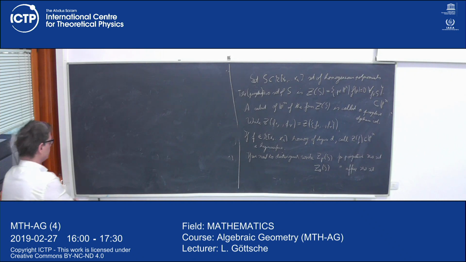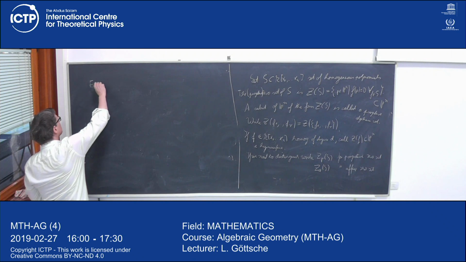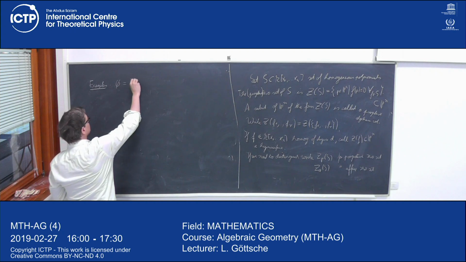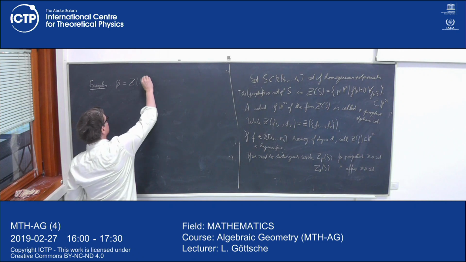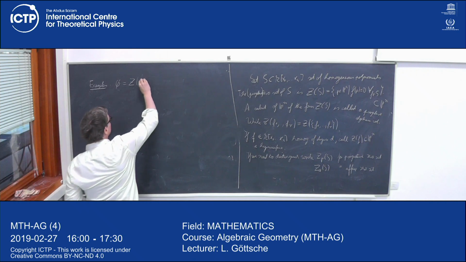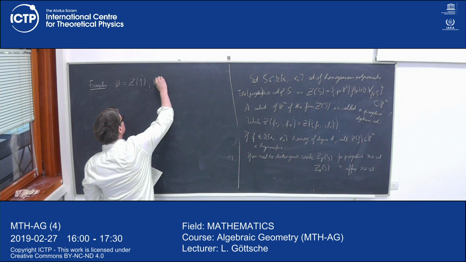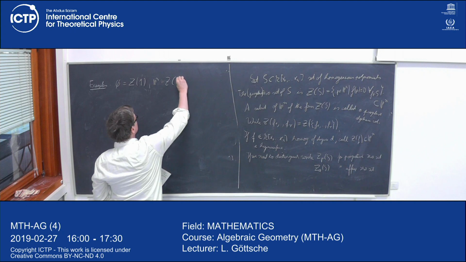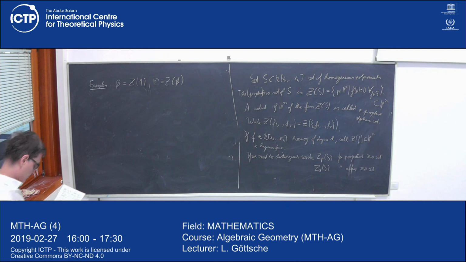So we have, for instance, as usual, that example. So the empty set is the zero set of, say, x0 when we are in P^n, and P^n is equal to the zero set of the empty set of polynomials. And so these are projective algebraic sets.